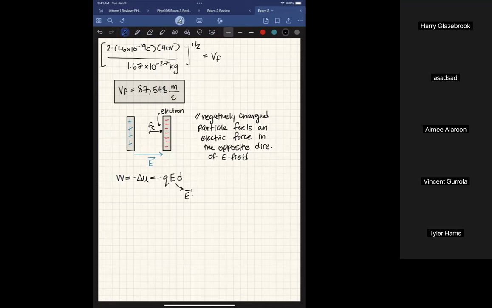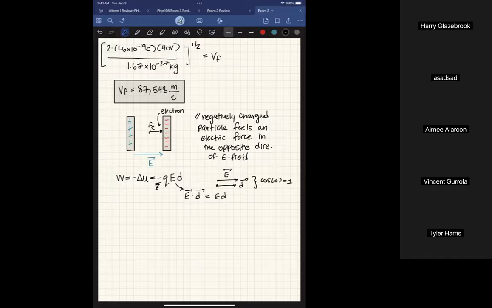So this is E dot D. When these were parallel in the first case, E was pointing this way, and our displacement, which was going left to right, was pointing the same way. They were parallel, and so cosine of 0 equals 1, and this is just E times D.